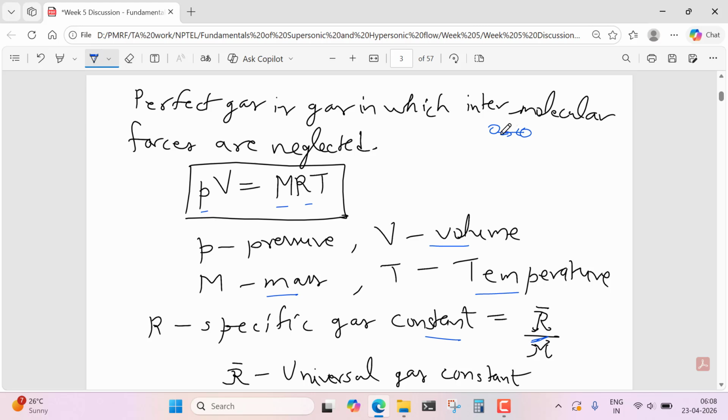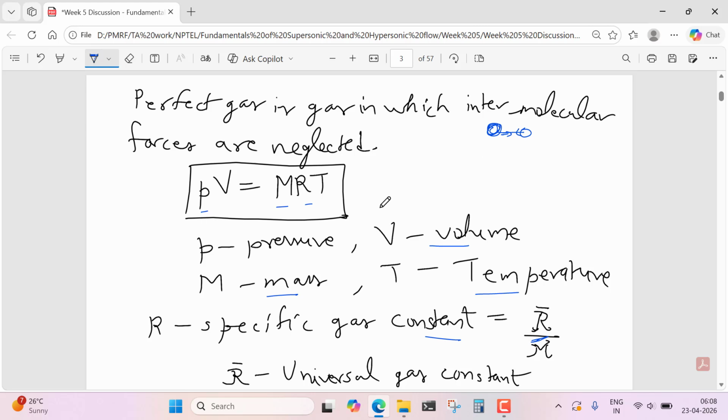And second, one molecule occupies a space, and we also neglect the space occupied by the molecule. Imagine that the molecule is a point, it is not occupying any space, or the molecule does not have any volume.